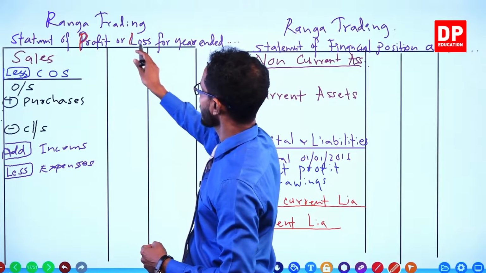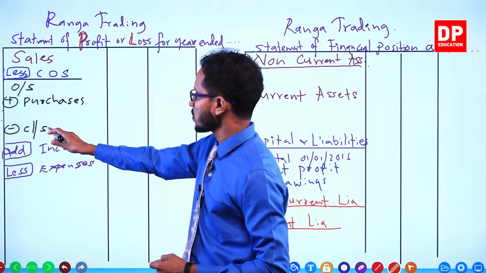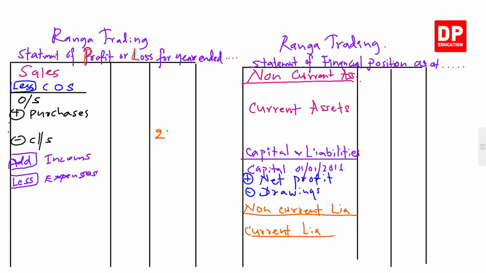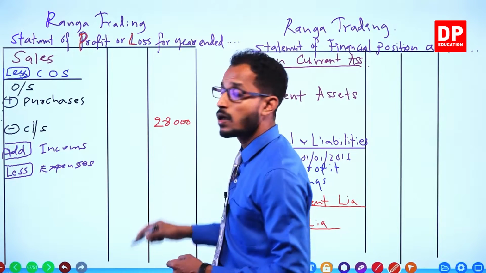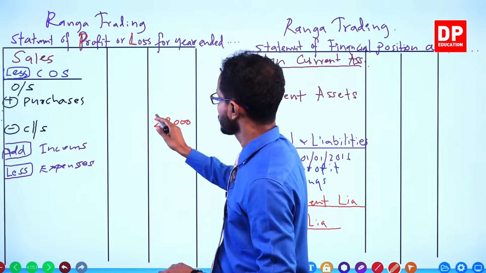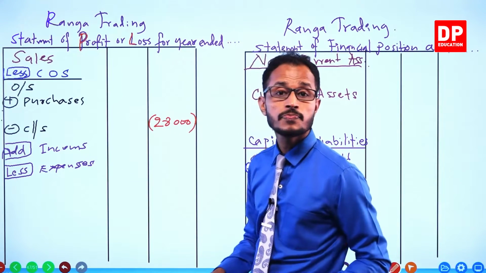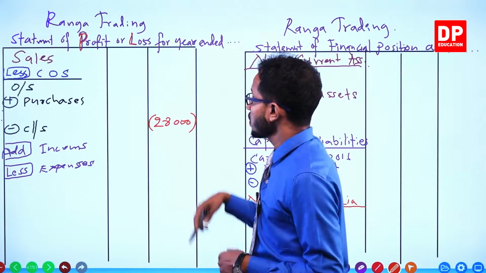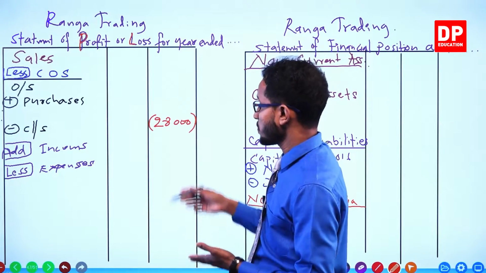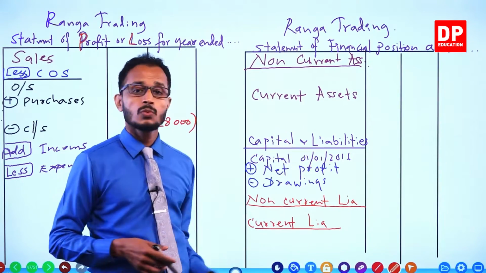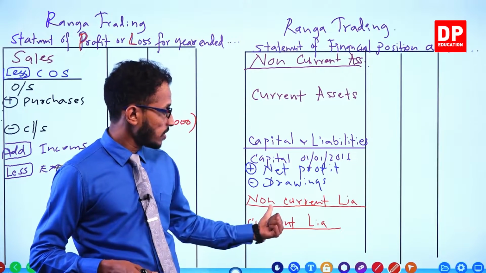In the P&L, closing stock, let's put it to the second column, 28,000, within brackets. Now it is in the profit or loss statement. It should go to the SOFP. Where? Non-current liabilities.